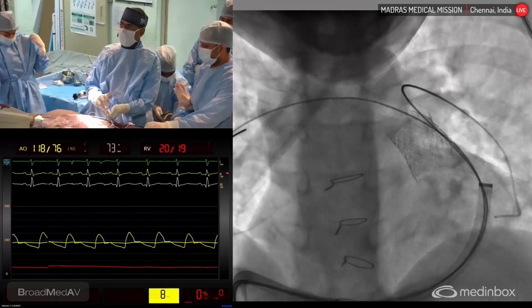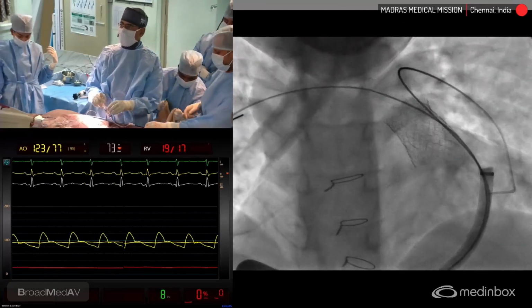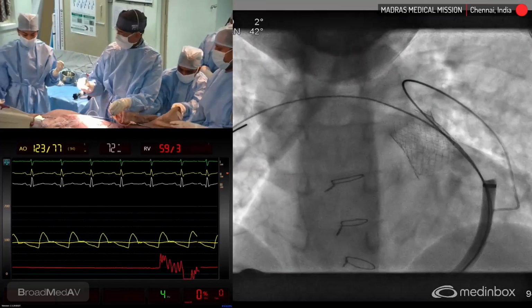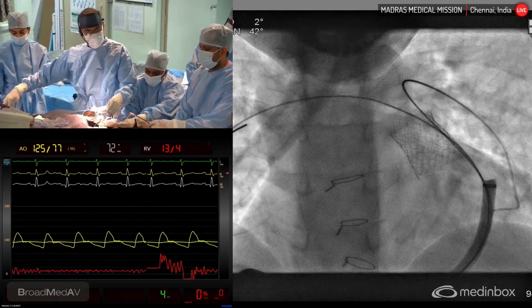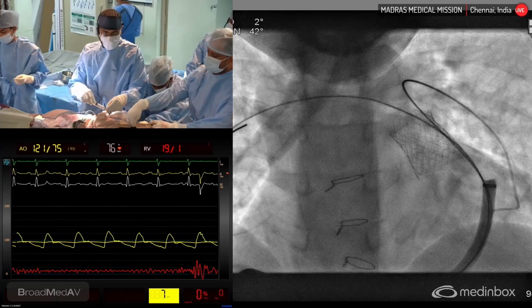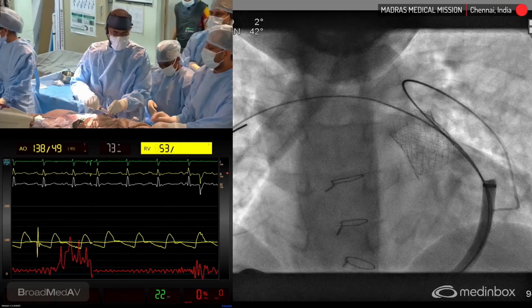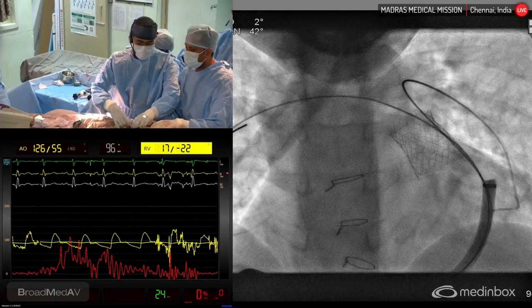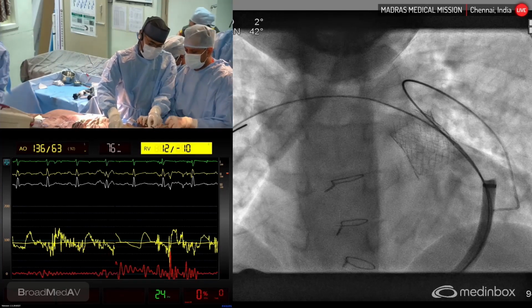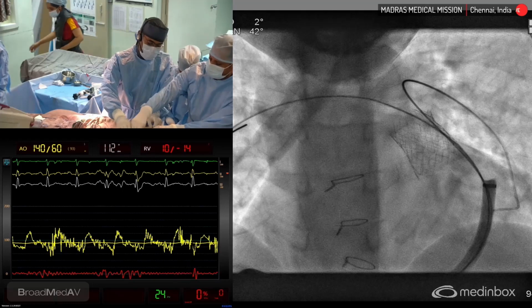I'm just filling my syringe. Is it possible for the chin to move out of the screen? If the chin of the patient can slightly move out of the screen. Take it fully inside.